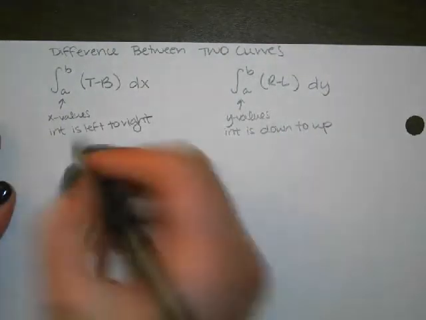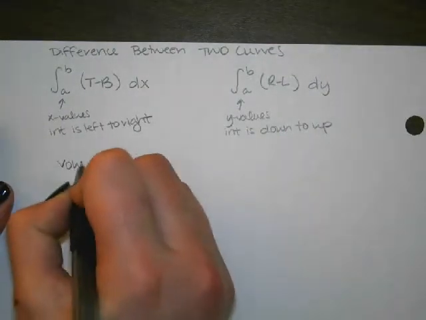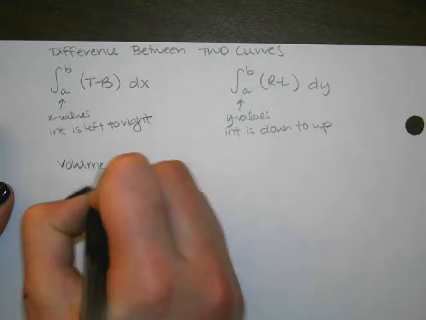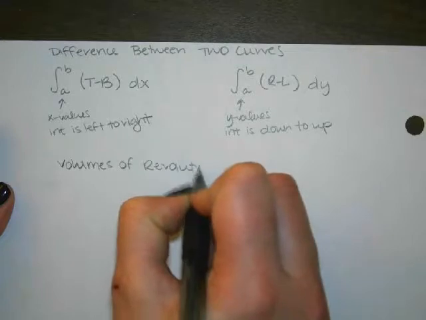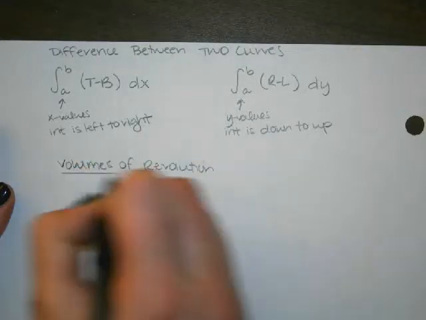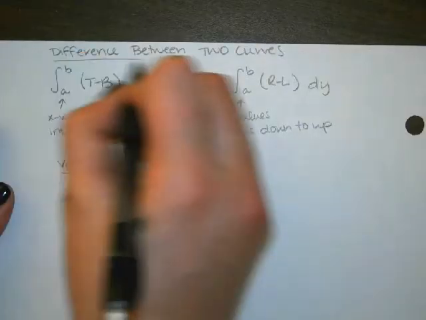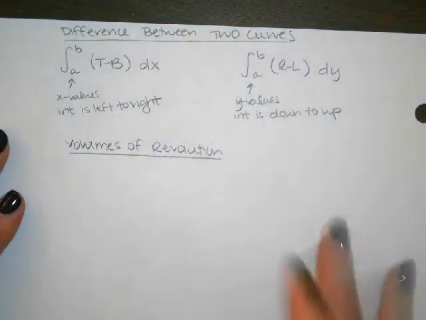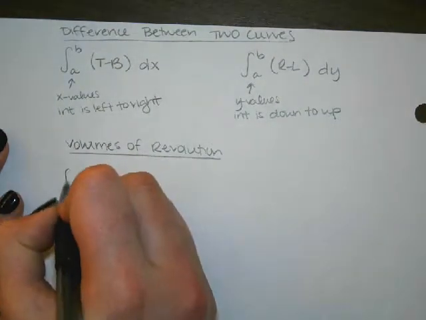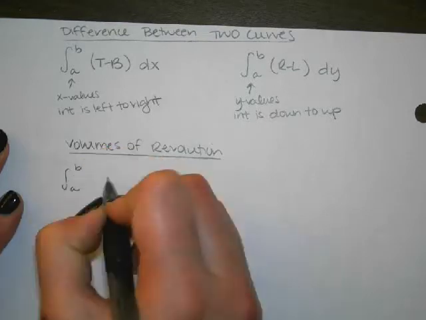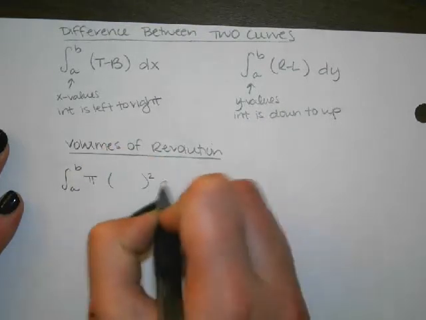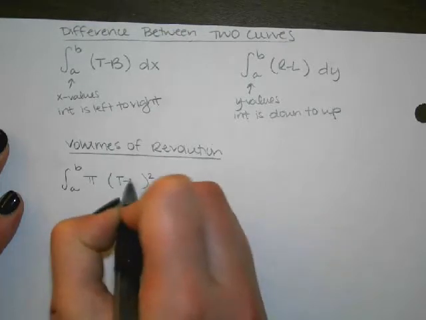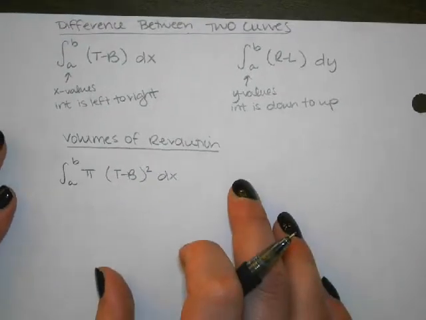Now, if we were talking about volumes of revolution, then it would be pi r squared dx, and this would still be top minus bottom.